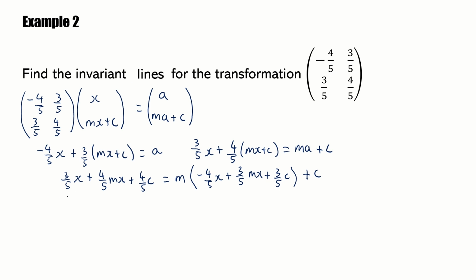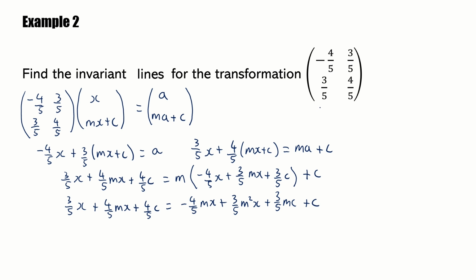And then I could multiply the brackets even more, so I'm going to do that. So the stuff on the left doesn't change. The stuff on the right will now be minus 4/5 mx plus 3/5 m squared x plus 3/5 mc, and then we still have that plus c.